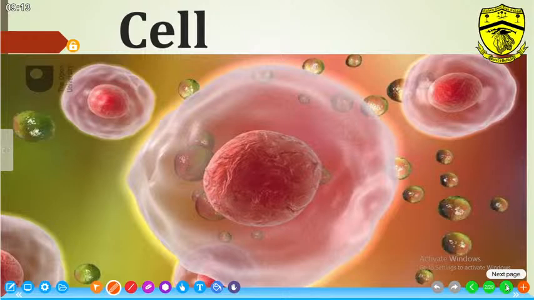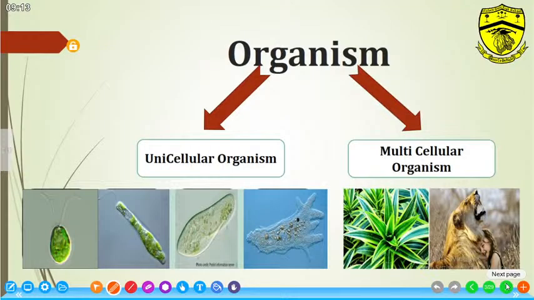Next, the cell types. You know a lot of types of cells: bone cell, blood cell, muscle cell, sperm cell, egg or ovule cell, fat cell, nerve cell. So, we will discuss the organisms.